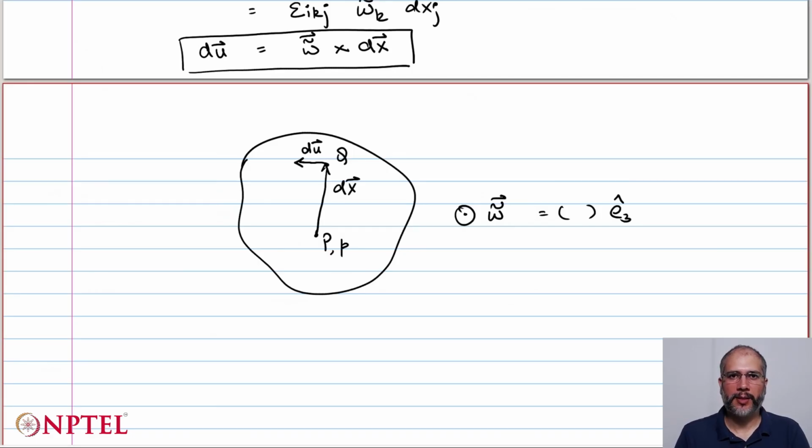And you know that in the case of pure rotation, the displacement is perpendicular to the radial vector. So our small dx will look something like this, and this we call d theta.